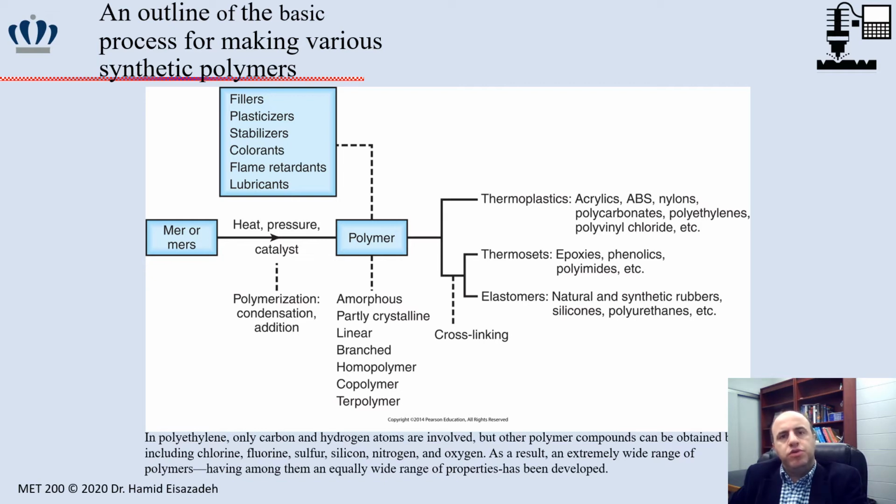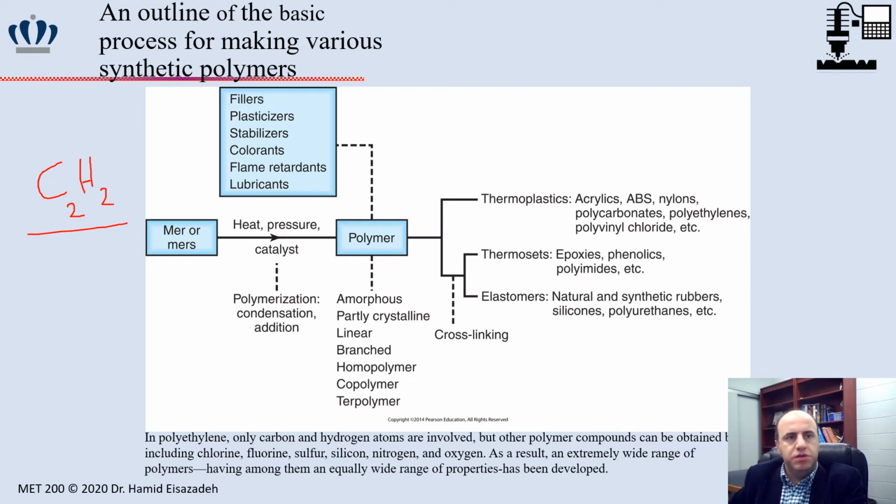The small unit is called a monomer, and one simple organic molecule, as I said before, is ethylene. Ethylene has this chemical compound.